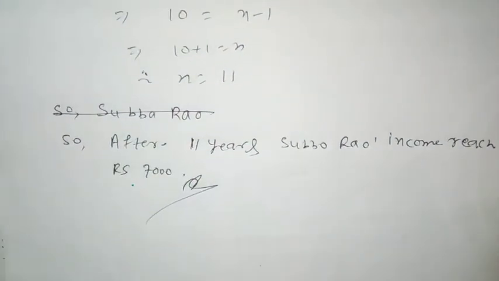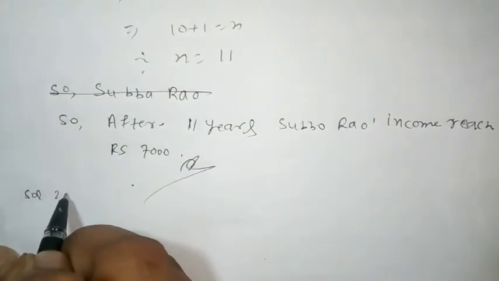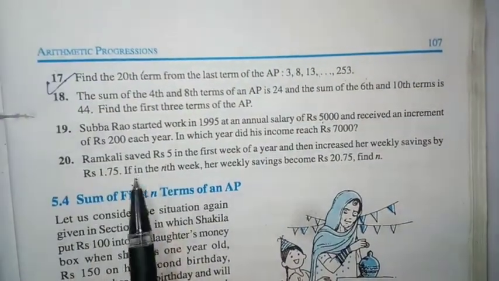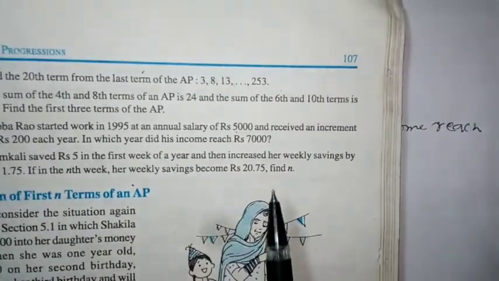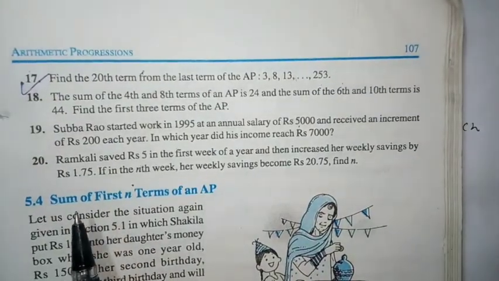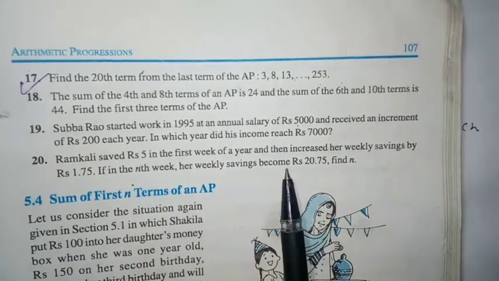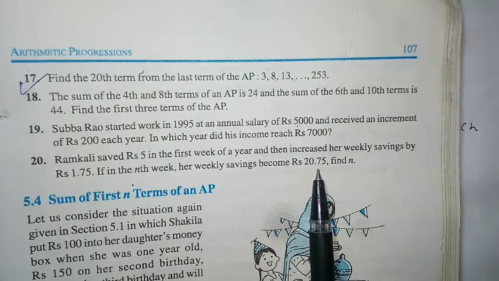Now the next question, number 20. Ramkali saved rupees 5 in the first week of a year and then increased her weekly saving by 1.75 rupees. If in the nth week her weekly saving becomes 20 rupees 75 paise, find n.